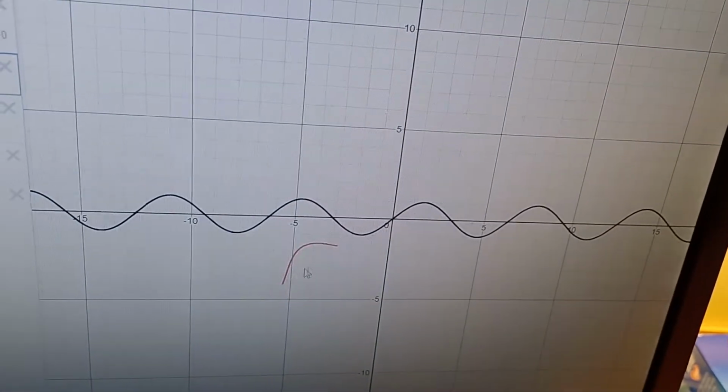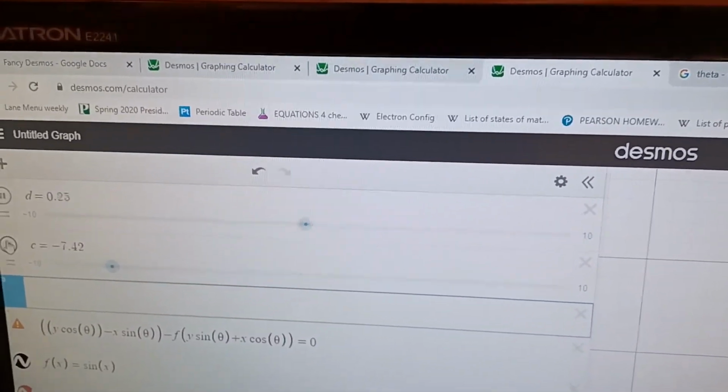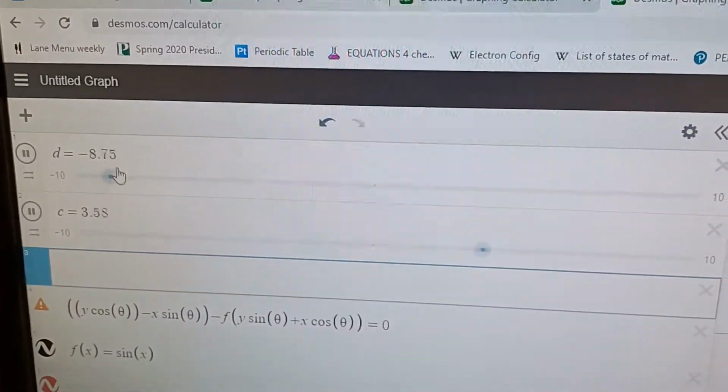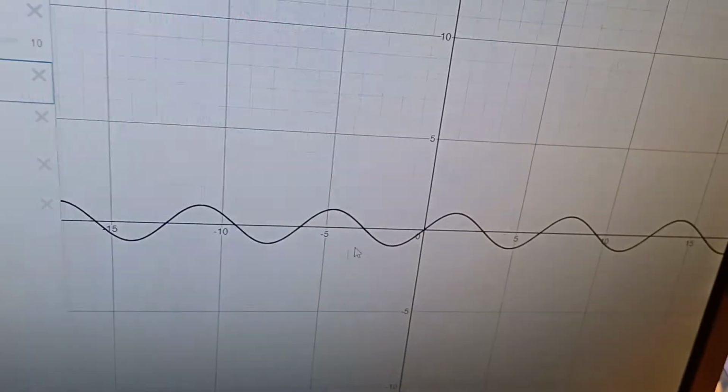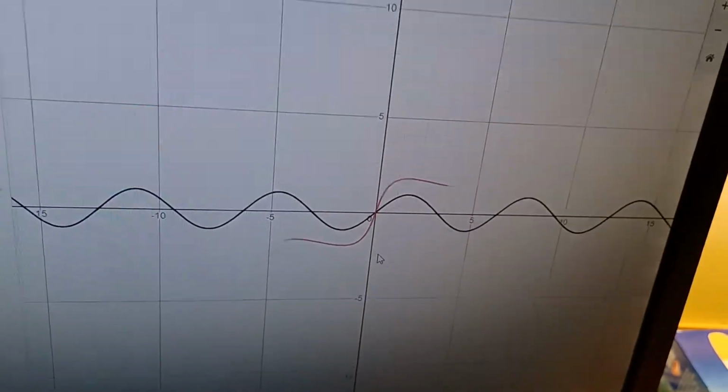That line snaking up and down becomes a little bigger. If the D slider is a lot bigger than the C slider, then a lot of that graph is going to show up.